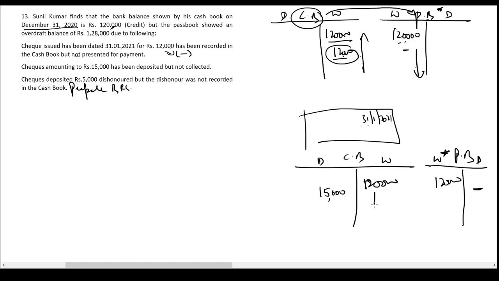We started with a credit, there is a debit, so the balance will reduce. Balance will be relatively high here. What should I do to the cash book to make it equal to passbook? I have to increase it by 15,000 rupees. So this item will be plus.